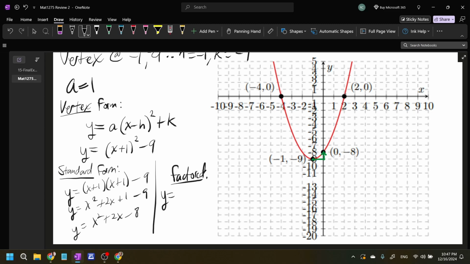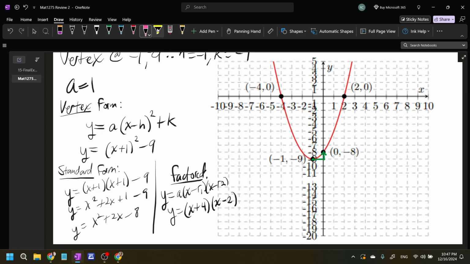Luckily for us, they're both real, and we can just write this as y equals a. I'll write the formula first. And finally, x minus our first root, so that's x minus -4, which is really x plus 4. And then over here, x minus 2.